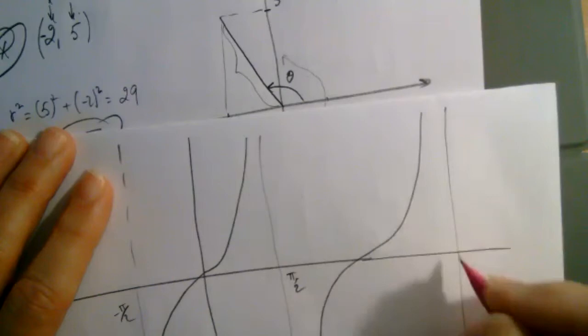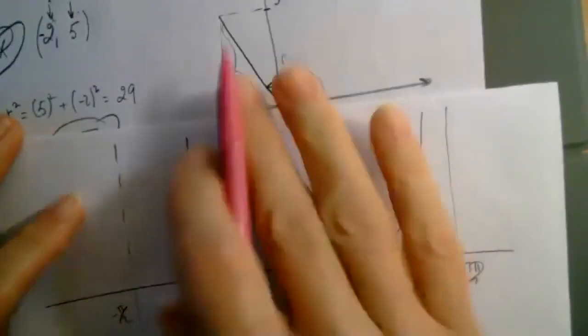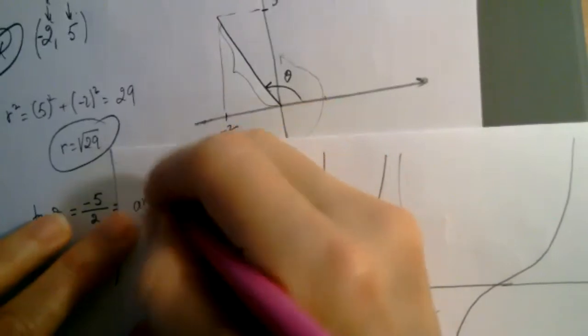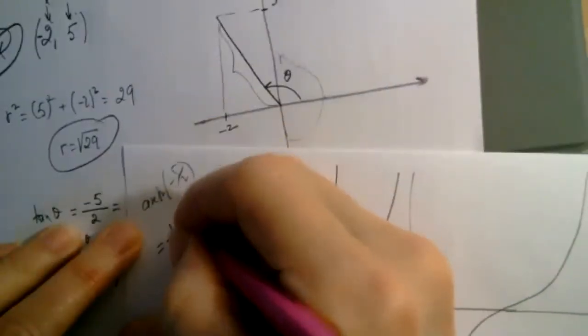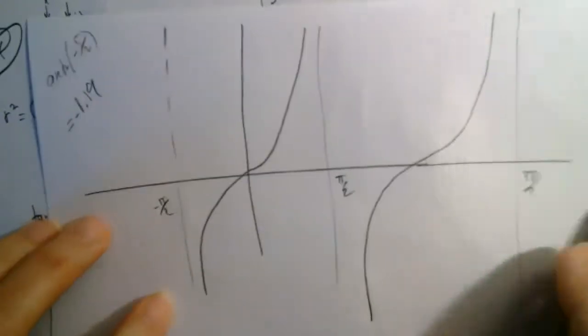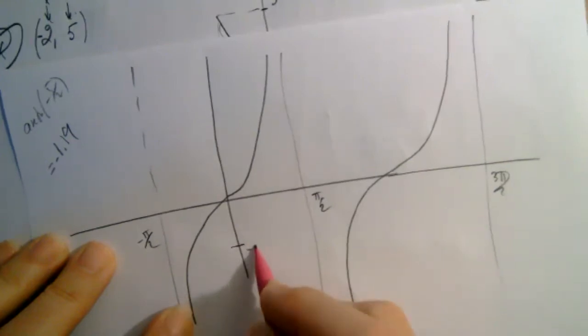And the graph is periodic. It means the graph will repeat itself. So this will be 3 pi over 2. Now, when I compute the arctangent of minus 5/2, I got minus 1.19. So this is minus 5/2.